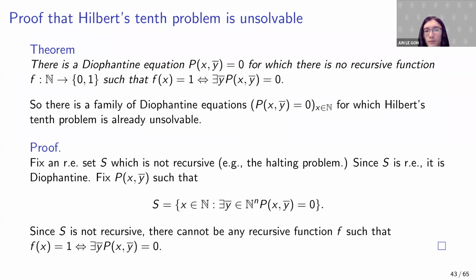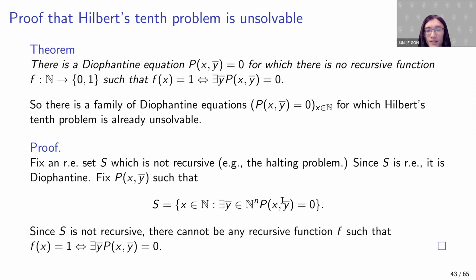Now, what is this f here? The f in the theorem is essentially the characteristic function of S. If there is some solution to P(x,y), then f should output 1 when given x.